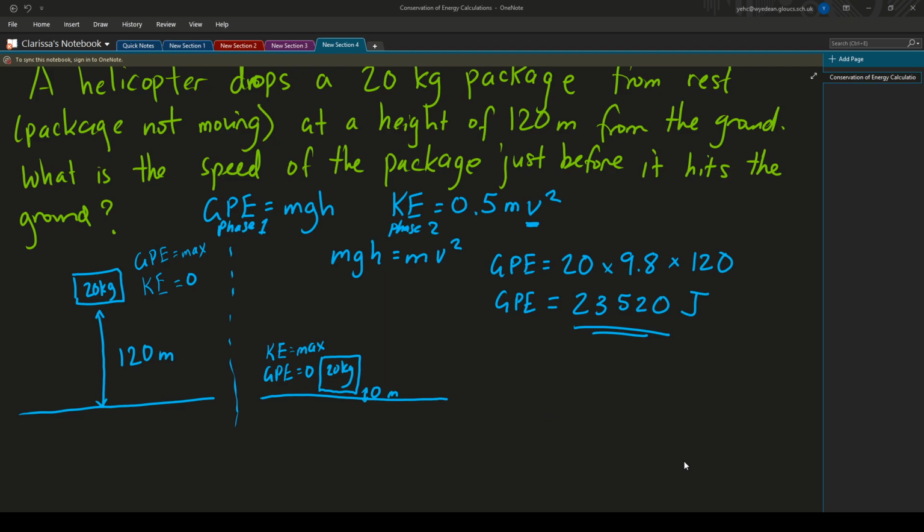Nice, good work. Now substitute in that value you got for gravitational potential energy into our kinetic energy, and then rearrange to solve for our speed. I'll give one more minute on that just to give everyone a chance to be able to get it done.